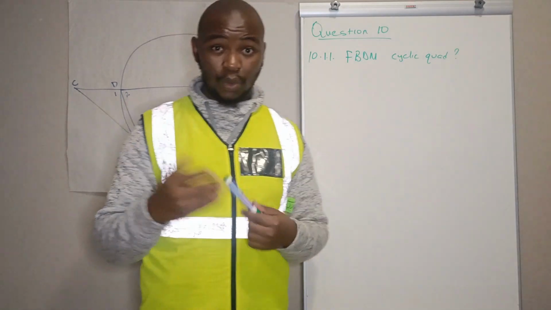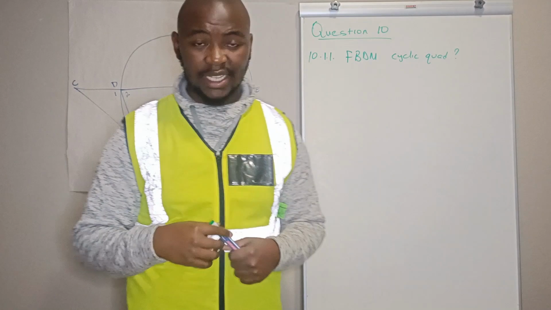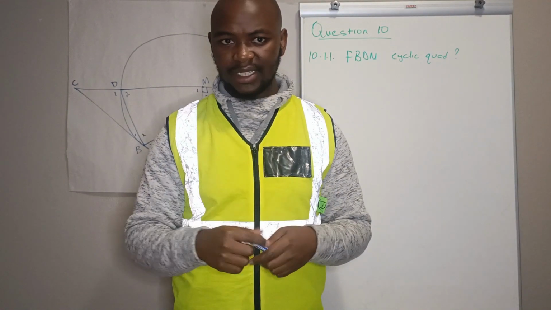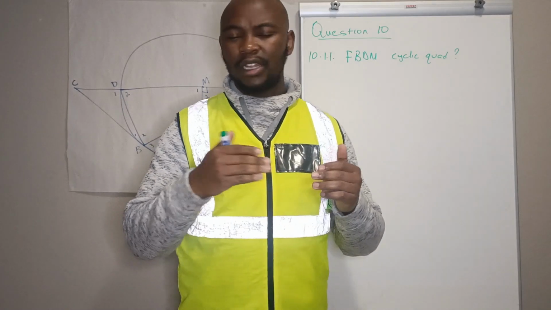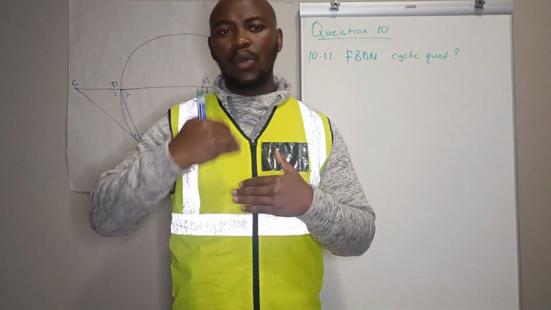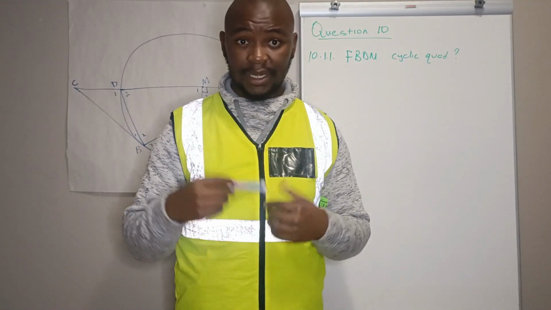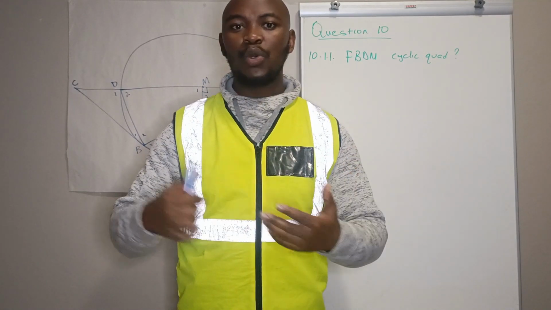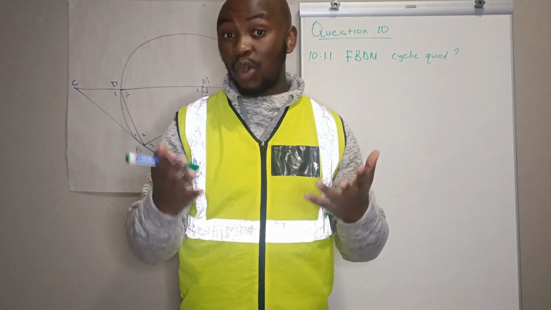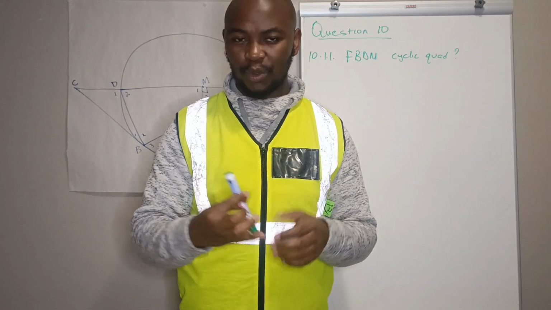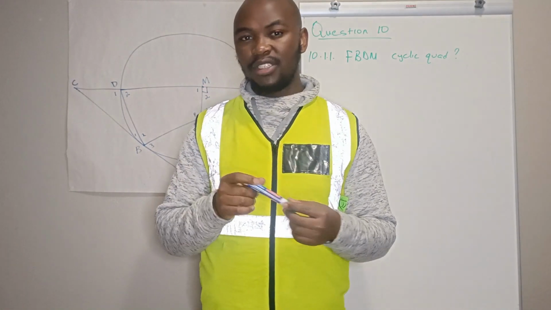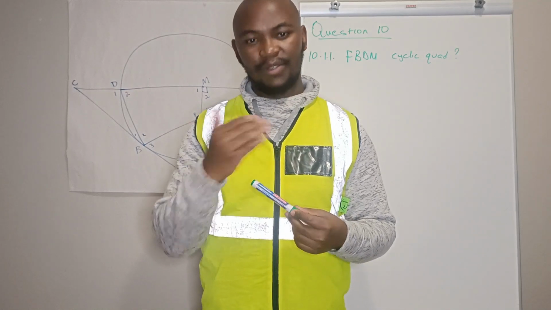We can either go with opposite angles of a cyclic quad, those angles should be supplementary. And then we can further look into exterior angles, and the exterior angle needs to be equal to the opposite interior angle. But all of that will need you to look at your diagram and observe what is the best approach. Okay, so to get deep into the cyclic quad, please have a look at the previous videos.